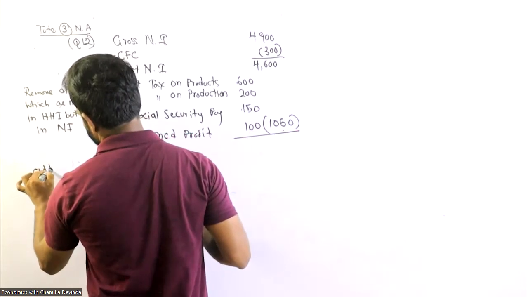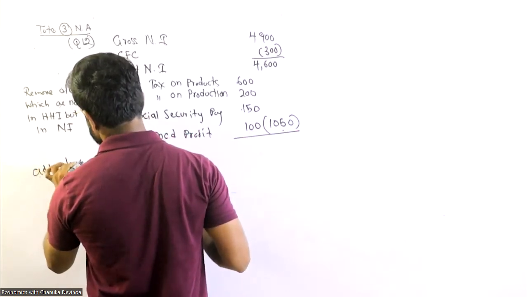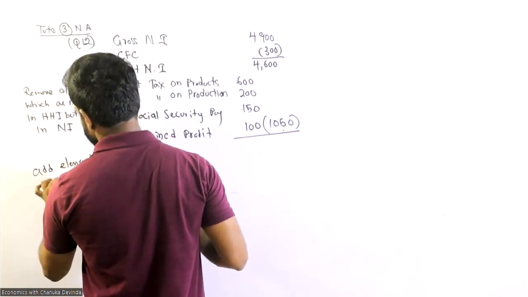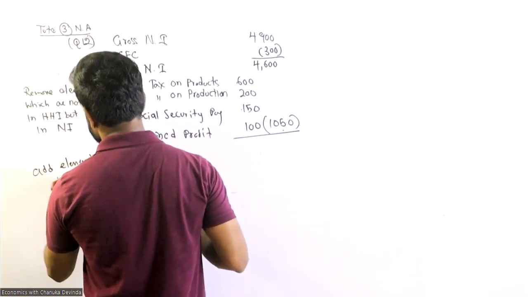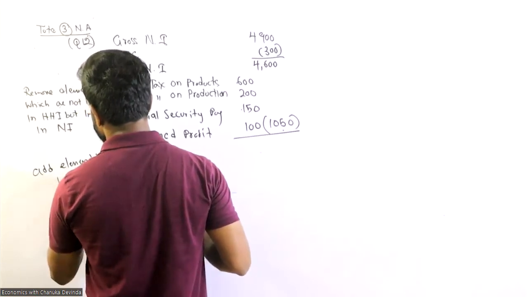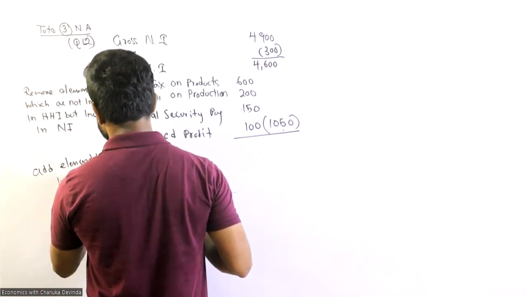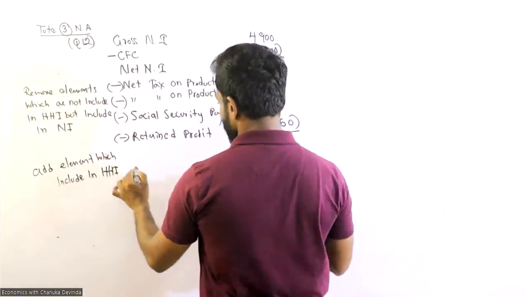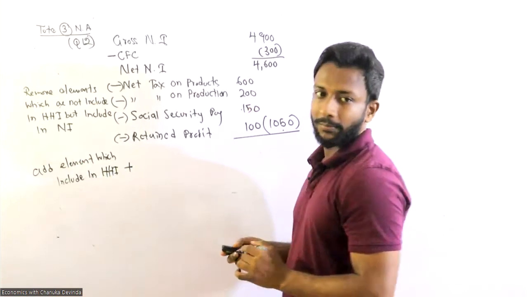Add elements which are included in household income. මොනවද household income එකට එන ඒවා? අපි දන්නවා තිබ්බා මොනවද?